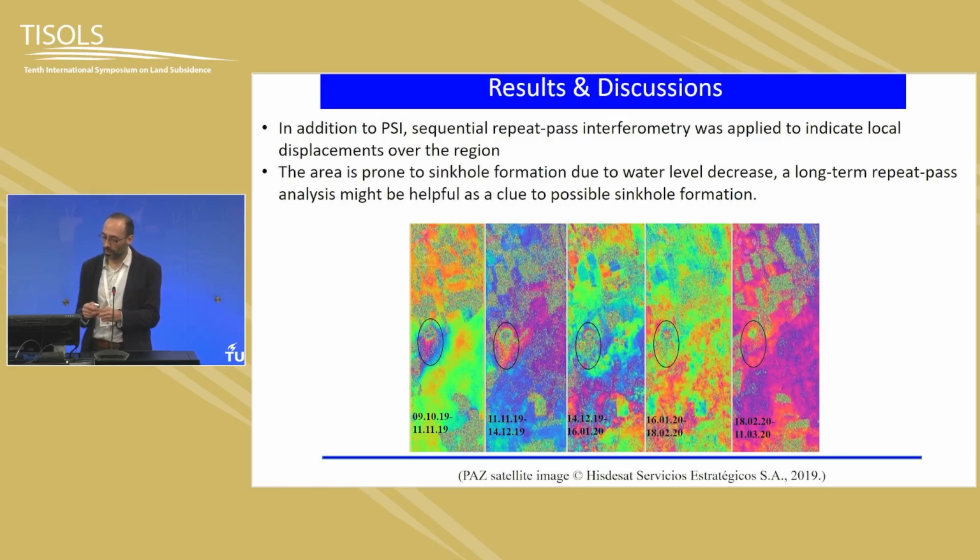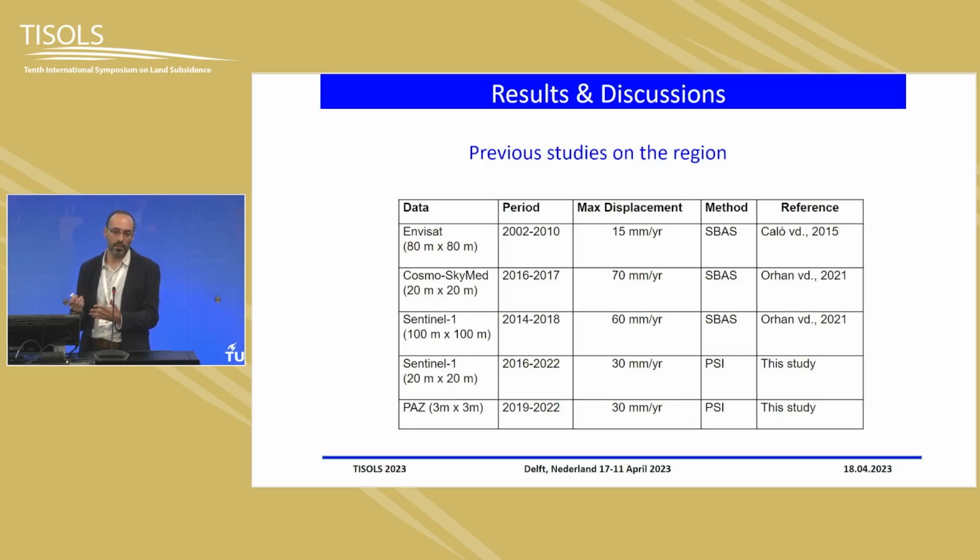For this part, we acquired some interferograms visible, about 200 meters the size of the circle, but we didn't check if a sinkhole happened in this region or not. It seems that we can check this using higher resolution data.